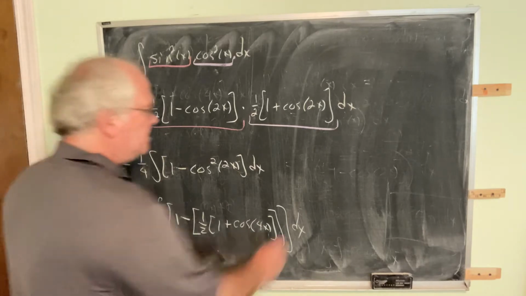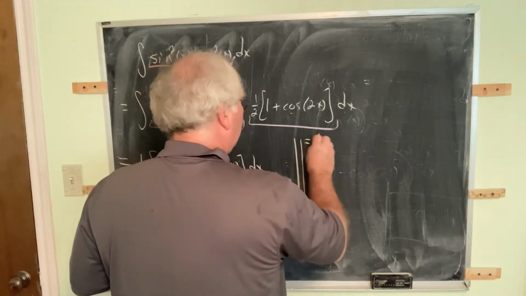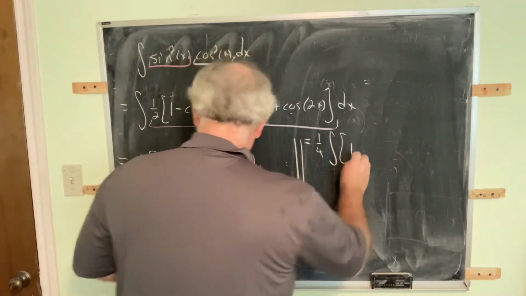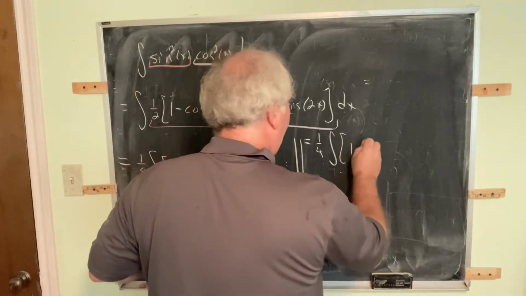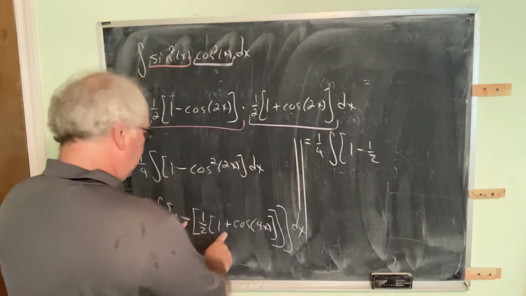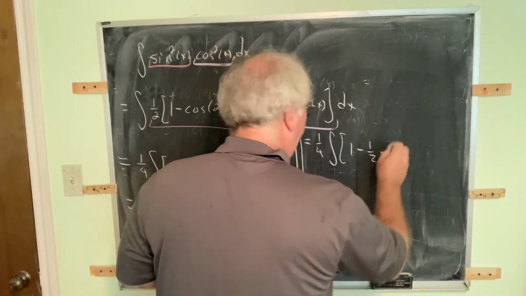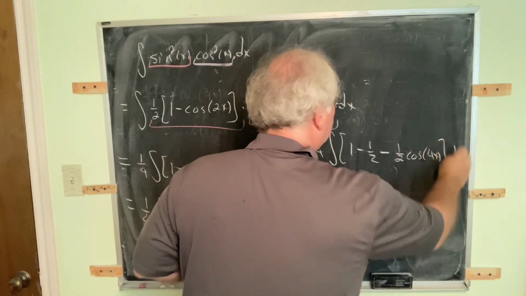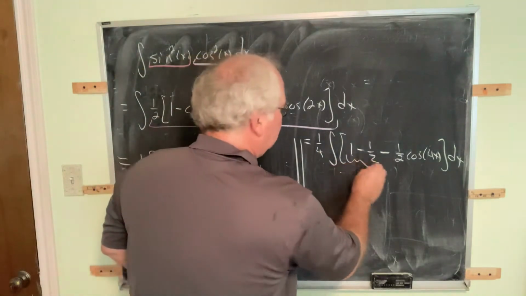So this becomes 1. Let's distribute this 1/2 in here. This is minus 1/2. And then distribute the negative sign, minus 1/2 cosine 4x. And then you can write 1 minus 1/2 as 1/2. You can combine those two pieces.